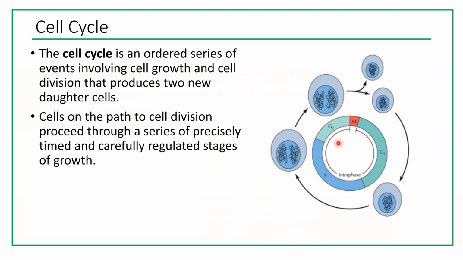The cell cycle is represented by a pie diagram, and what's shown here in red, M, is where the cell is dividing, and it's maybe less than 20% of this cycle. Everything else is called interphase, and this is where the cell is growing, replicating its DNA, continuing to grow, and preparing for division. In M phase, the cell divides, right?